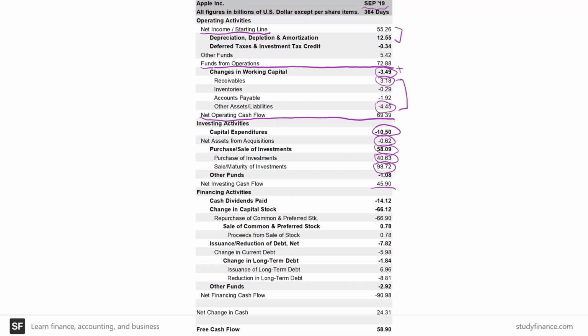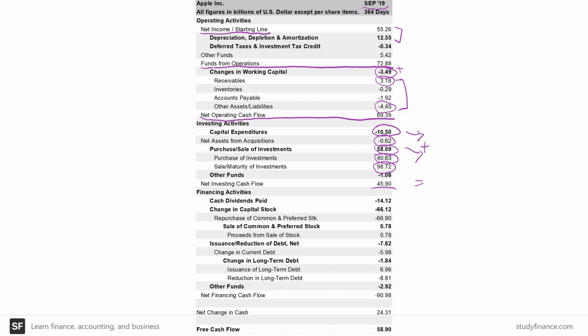So that is our capital expenditures plus the purchase and sales of investments gets us to net investing cash flow. Of course, we're also taking account of changes in other funds as well.